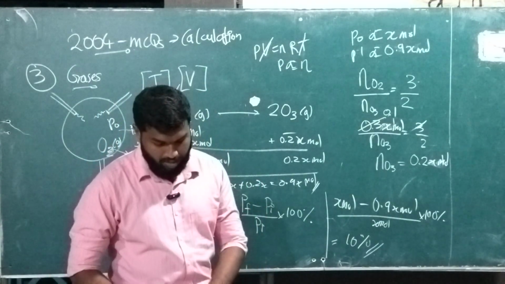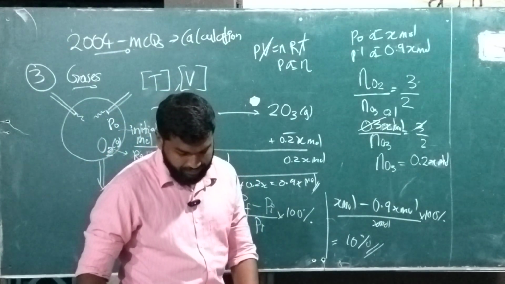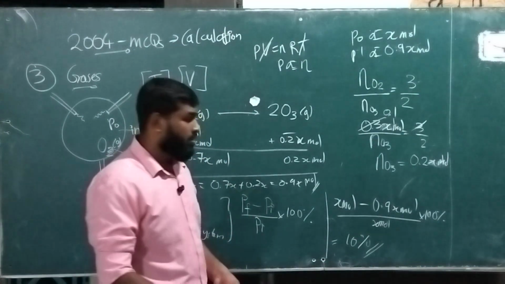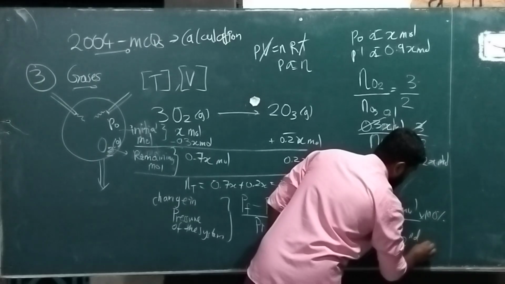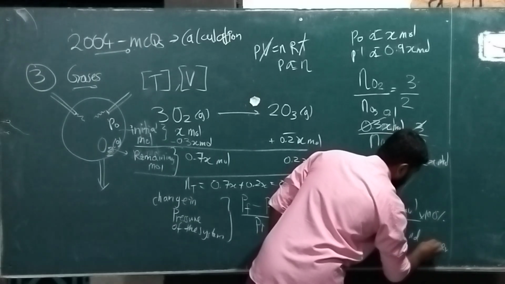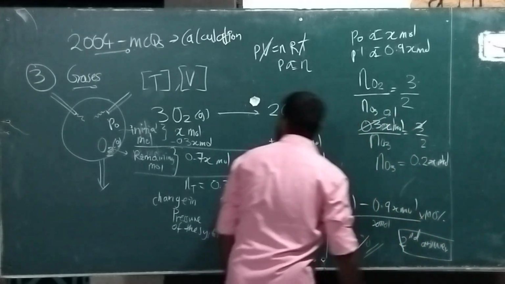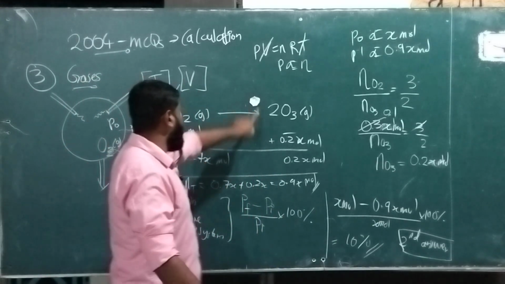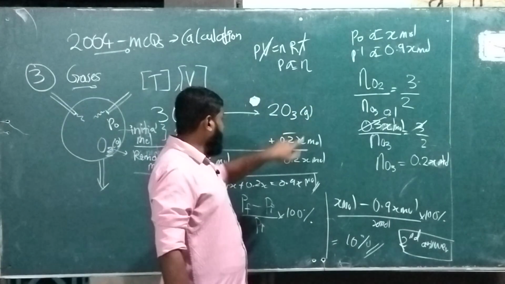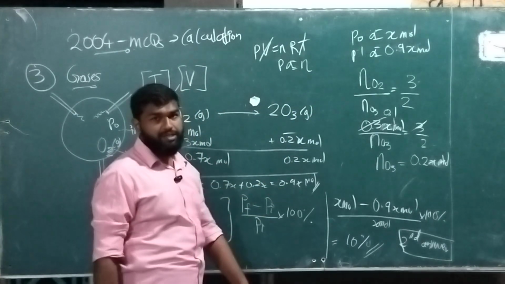So what is the answer we have? 10%. So actually it is going to be the second answer. Clear? They have asked with the gases. So if you know this proportionality, you can directly get the answer just by substitution itself.